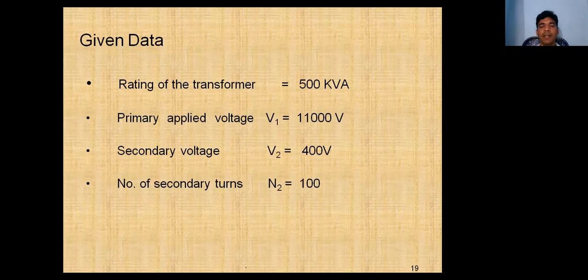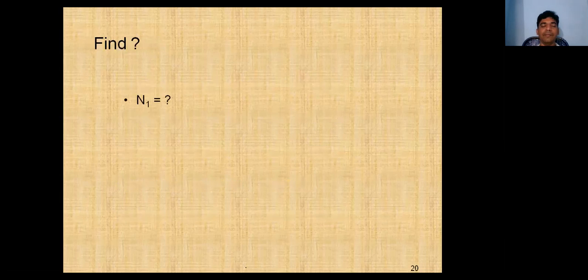Number of secondary turns N2 is equal to 100. Number of primary turns N1 is equal to N2 into E1 by E2. Find out N1, I1, I2, φmax.